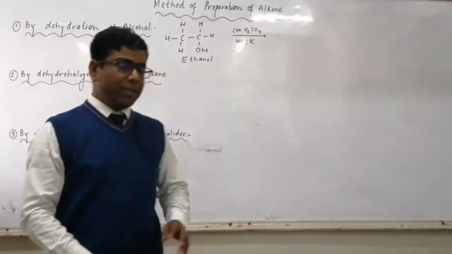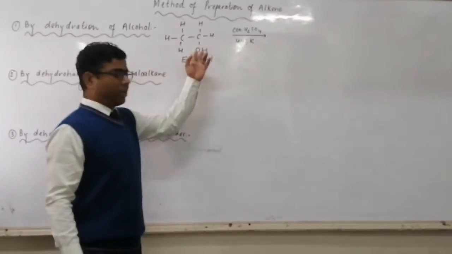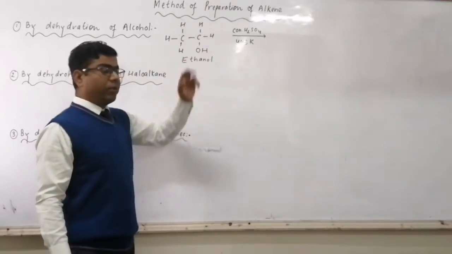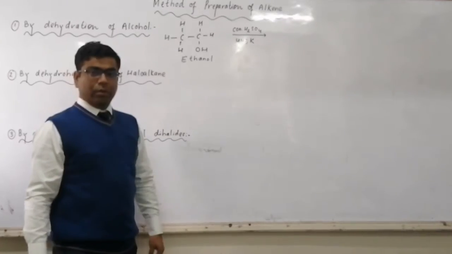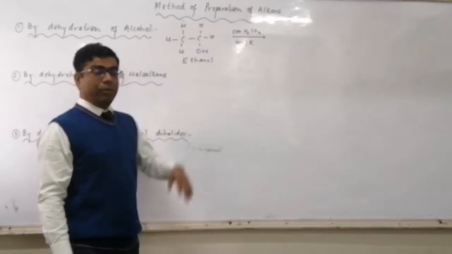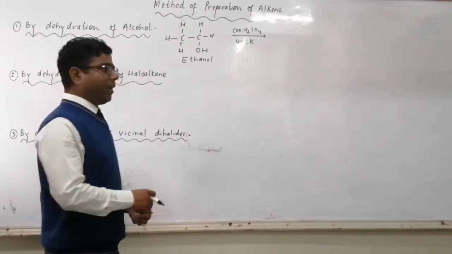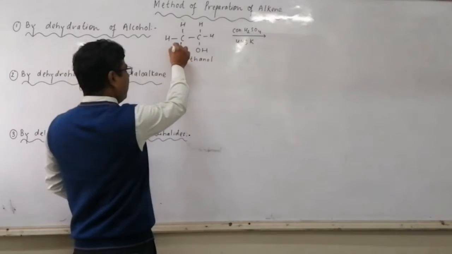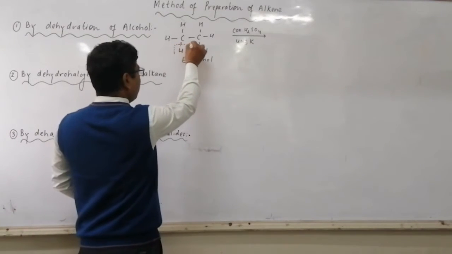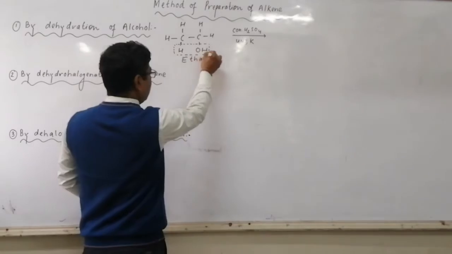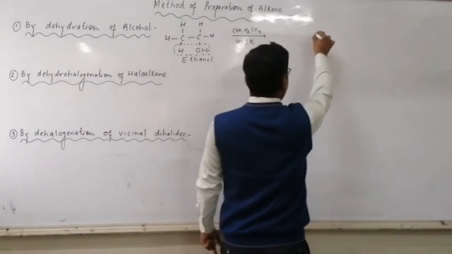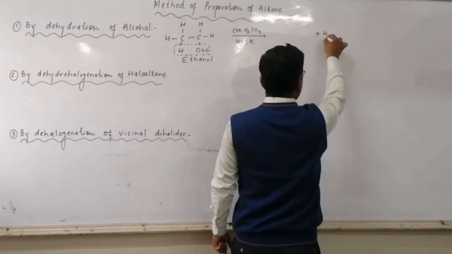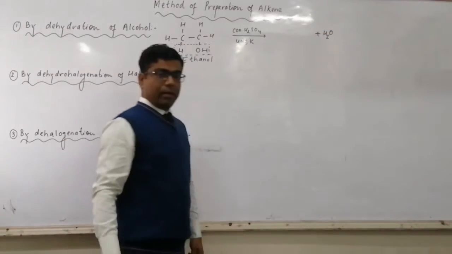How water is removed is important. OH unit from this carbon, which is called your alpha carbon, and hydrogen from the neighboring carbon, which is called beta carbon, is removed. So H from here and OH from here is removed in the form of H2O.